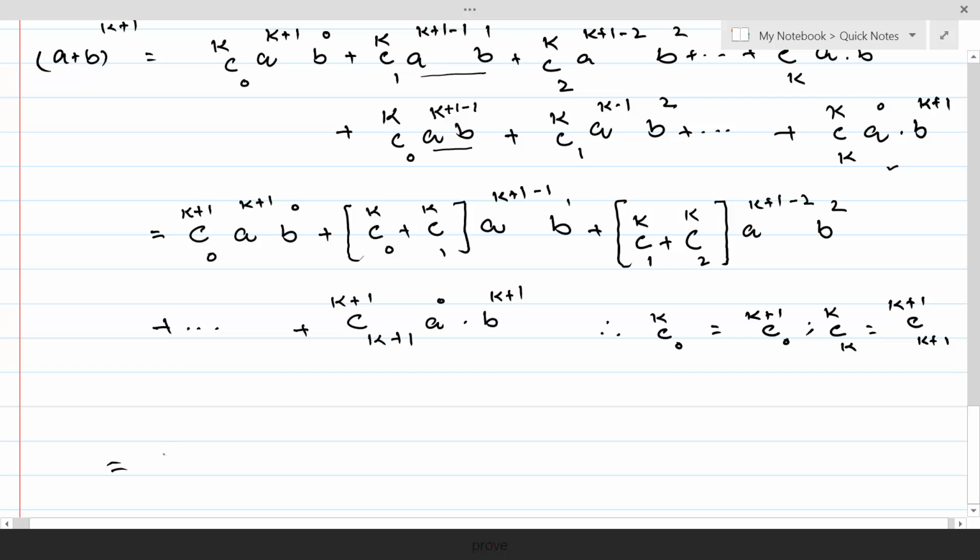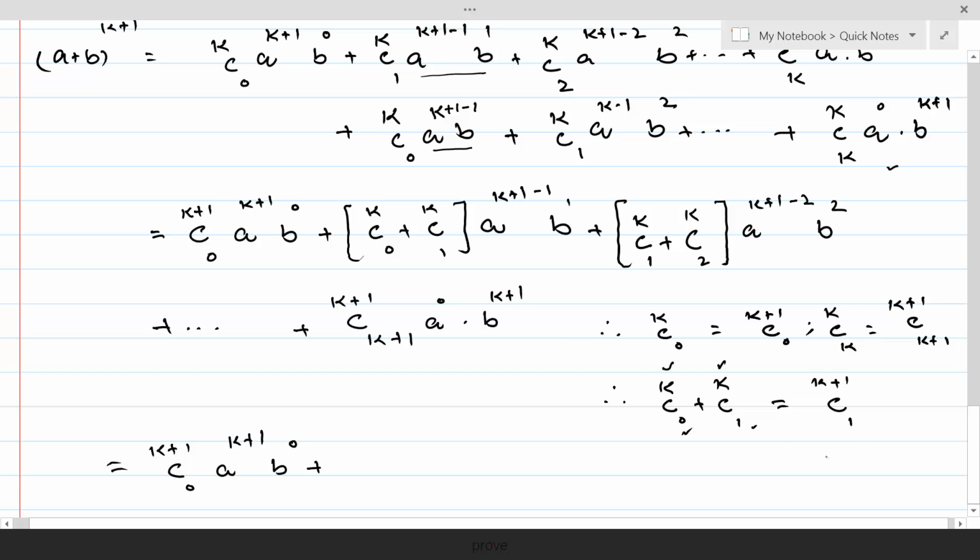So here what we have is (k plus 1)C0 a^(k plus 1) b^0 plus, we use a very important result here, and that result is kC0 plus kC1, we can add both these combinations, equal to (k plus 1)C1. In the upper part we just add 1 and we write the bigger among the subscripts, which is 1 here.